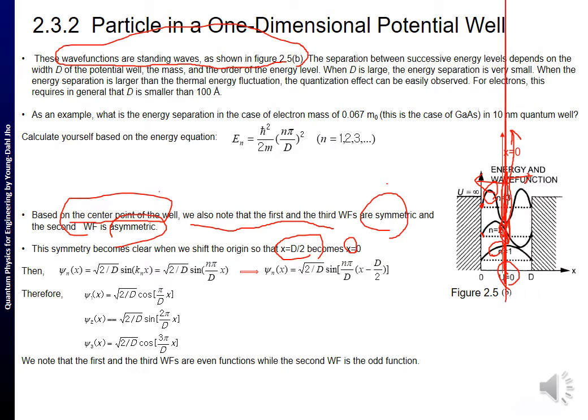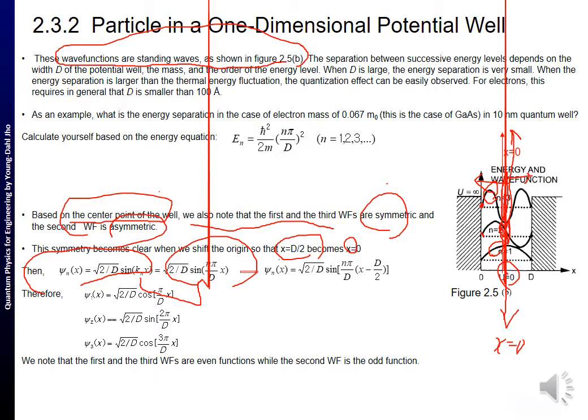So let's set this to be 0 now. Okay, the new origin is here, the center of the quantum well. Then the original wave function, this one, psi(x) equal to square root of 2 over d sine kx, where this k_n is now replaced by this one, n pi over d.